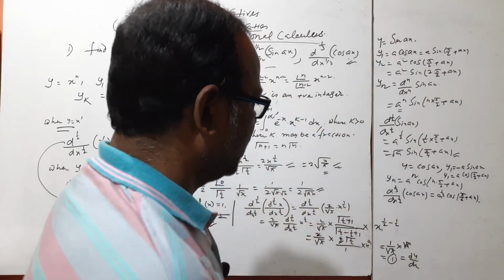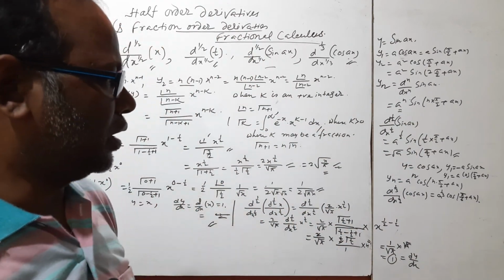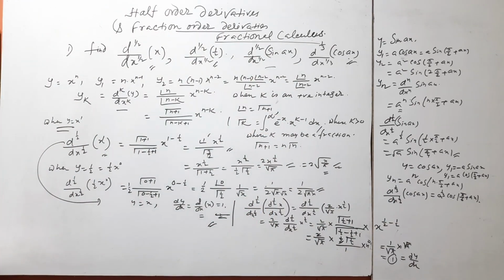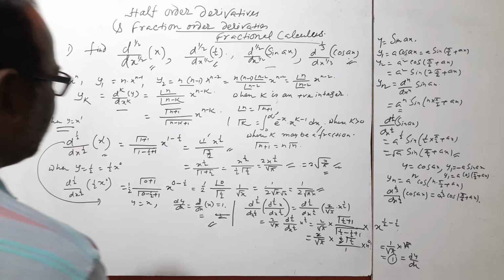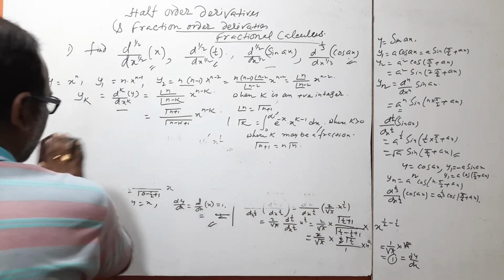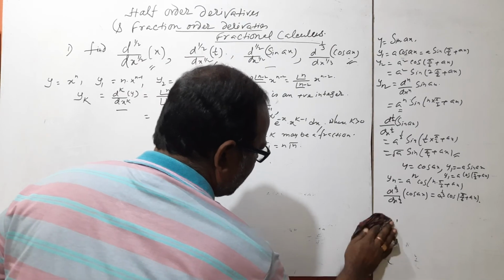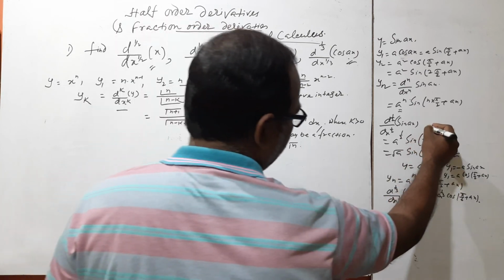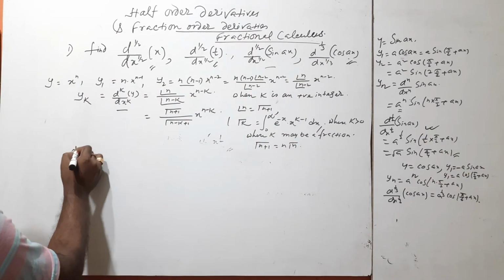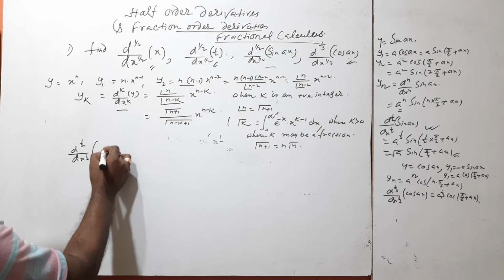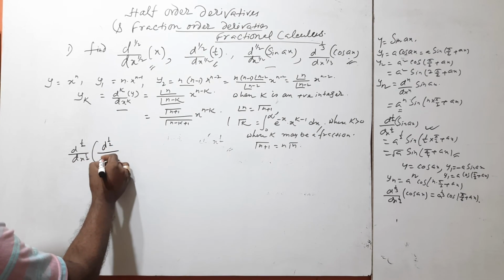Now here I am showing whether this theorem is true or false, so that's why I want to use another derivative, the half order derivative of sin x. See what happens for this theorem, the half order derivative of sin x.